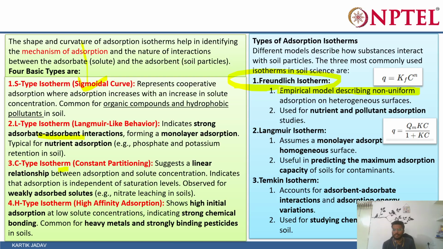Freundlich is useful for nutrient and pollutant adsorption, while Langmuir is useful in predicting the maximum adsorption capacity of soil. Well, the third one is the Temkin isotherm, which accounts for adsorbent and adsorbate interaction and adsorption energy variation, used for studying chemisorption processes in soil.